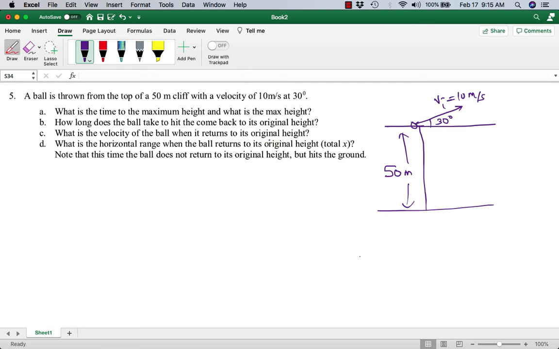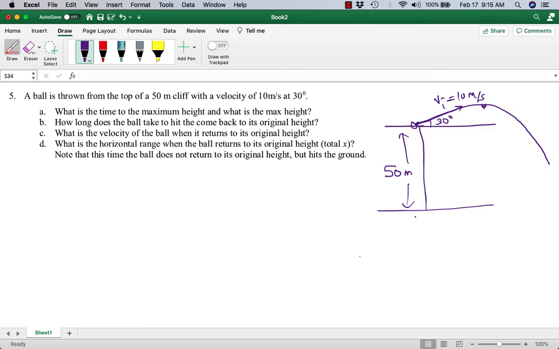So let's see, what is the time to the maximum height and what is the maximum height? So I will trace a parabolic path. Okay, so we want to find this maximum height. The first thing is we need to decide what origin we want to choose.